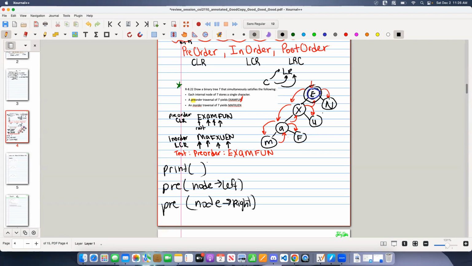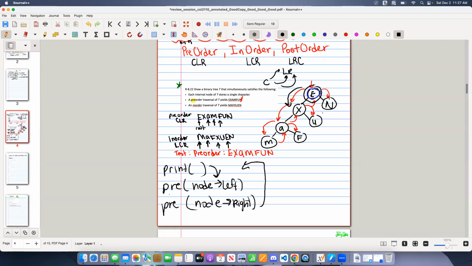Then what's the next line in this piece of code? You're going to push the node to the left, which you do. When you call this function again, you're going to start back at the very top. That's why you print X.